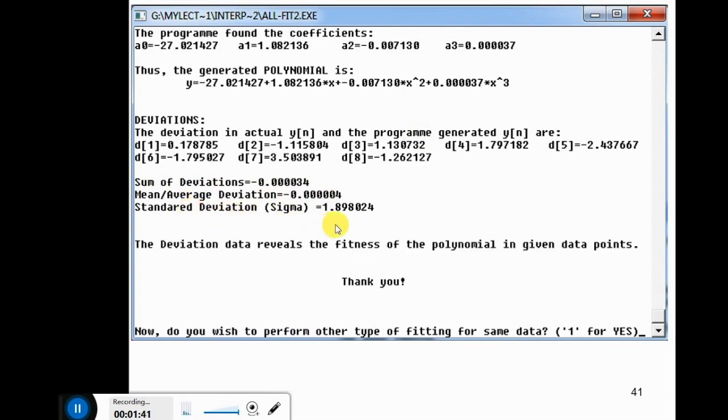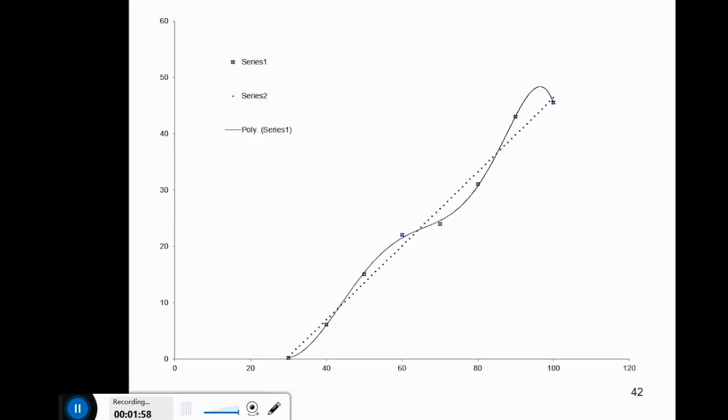If you try to fit the data into a polynomial of higher and higher order, your standard deviation will go on becoming small, but it is not feasible. And if a law is good, it should not have a very high order polynomial. Here you can see how the given data points are fitted.